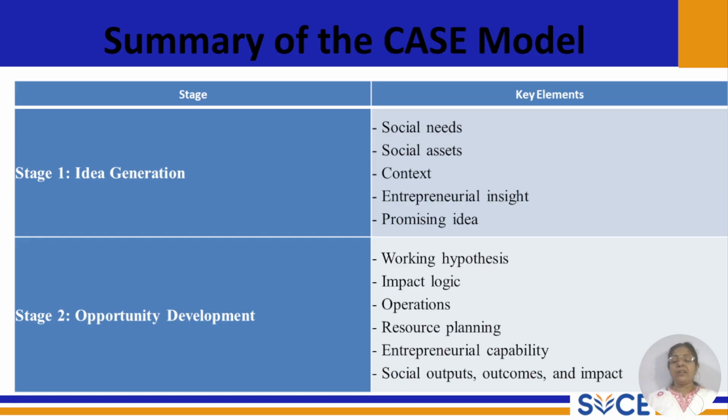We need to have a clear hypothesis, the testable statement, impact logic, how it is going to create an impact, that should be a positive impact, and operations. We need to plan the resources, understand the capability of the entrepreneur, and the social outcomes, outputs, and impact.